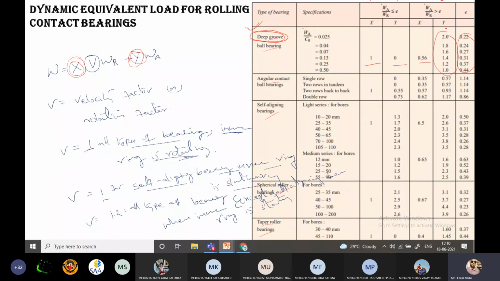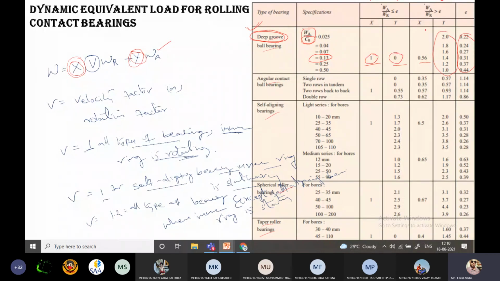We select the values by the ratio WA by C naught, where WA is given in the question and C naught is the static load rating. If we get the answer in this range, we can select X value as 1 and Y value as 0.